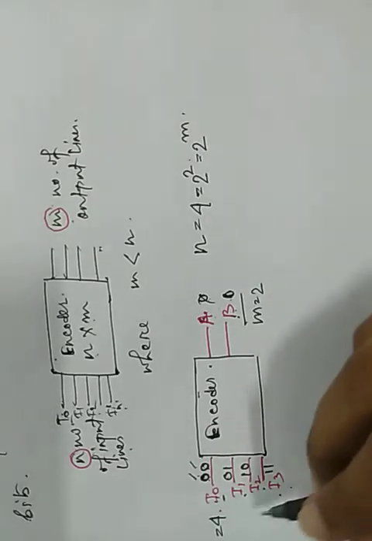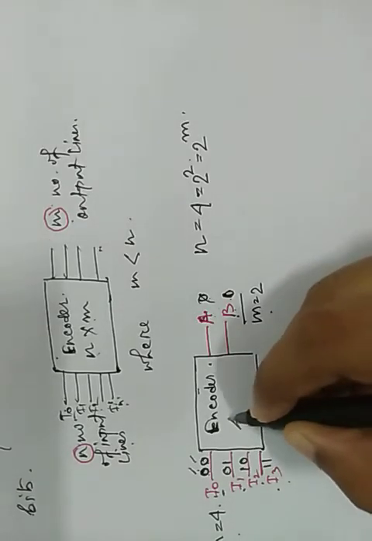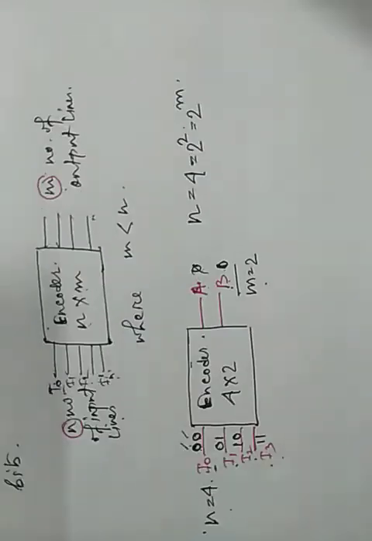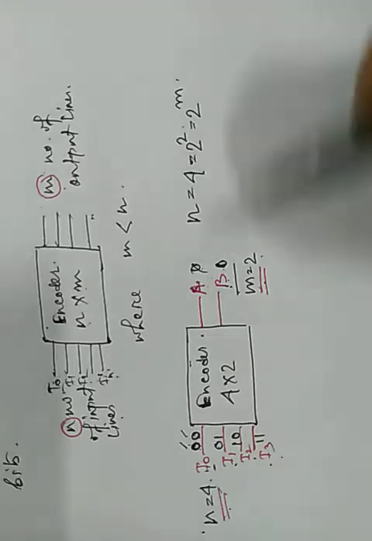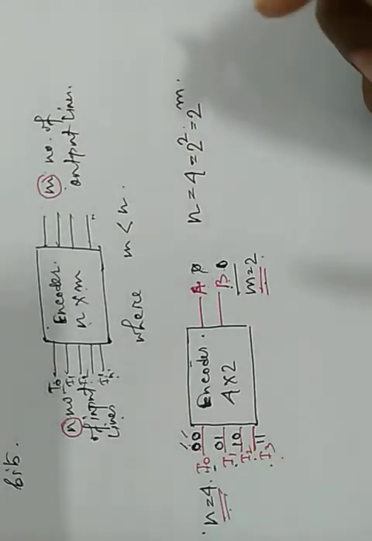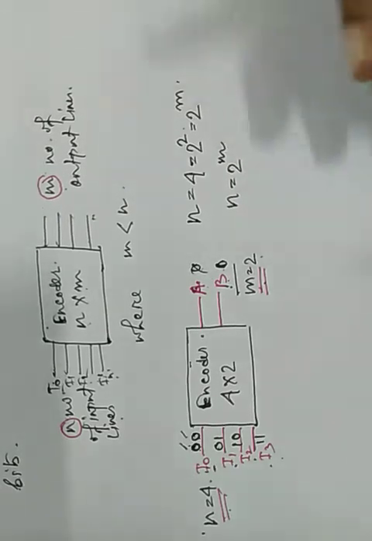So this is a 4 into 2 encoder, where n is 4 and m is 2. This is the block diagram, and the relation between n and m must be n equals 2 to the power m.